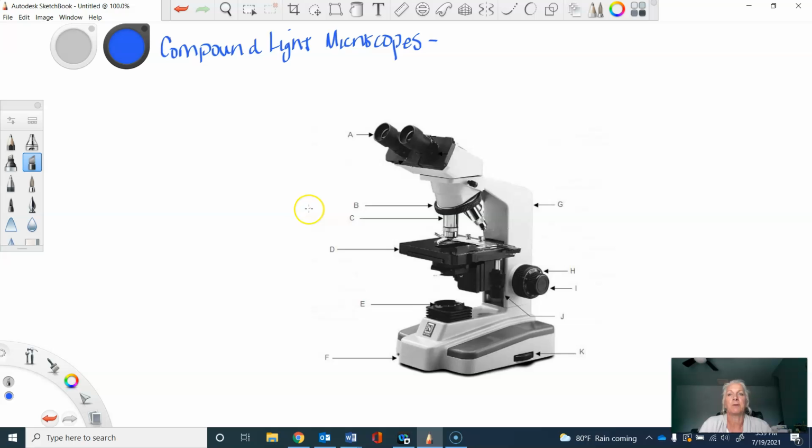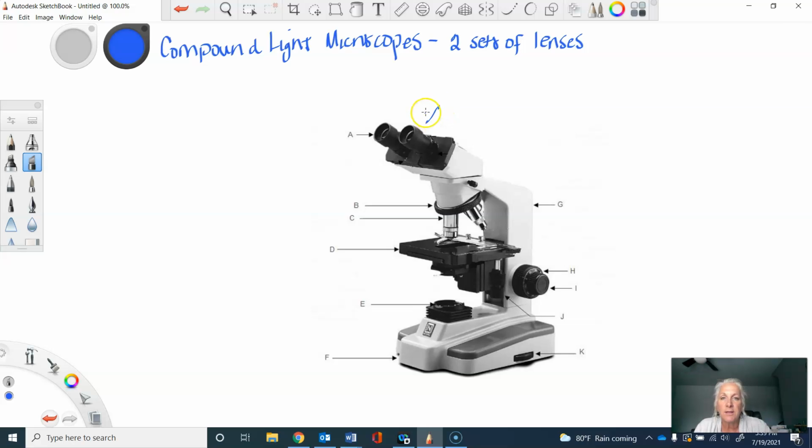Okay, so that's a light microscope. It's a compound light microscope because it utilizes two sets of magnifying lenses. Okay, so that makes it compound. So our microscopes are binocular microscopes.